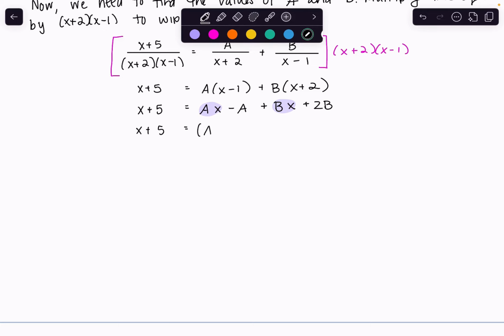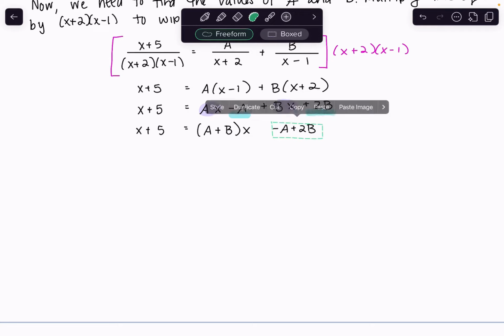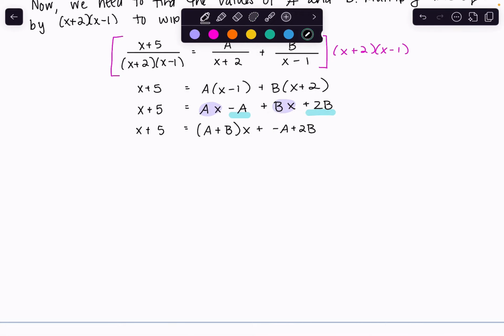So grouping those, I have a plus b times x. And then I look at those constants. We have minus a plus 2b. So those get grouped together. So I can go ahead and move that over a little bit and say it's the same as adding these.